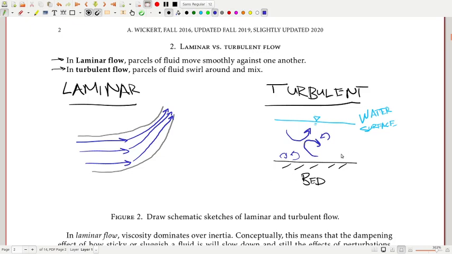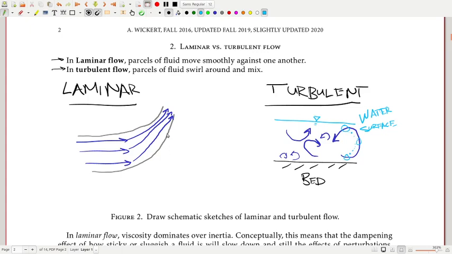And we might even have some very large eddies, so you can imagine something like the gigantic eddy like this, that's bringing parcels of water all the way from the bed up into the middle of the flow, and then eventually into the surface. And so what that's doing is causing these water parcels to experience conditions at all parts of the water column.